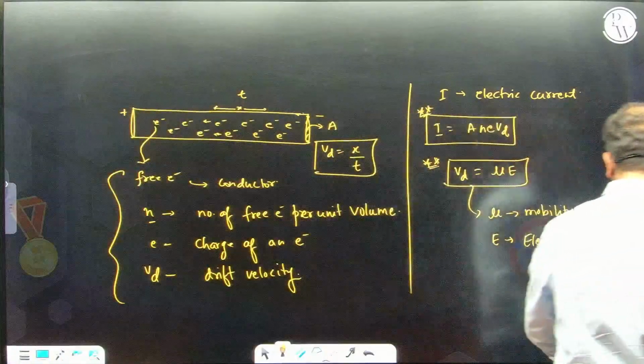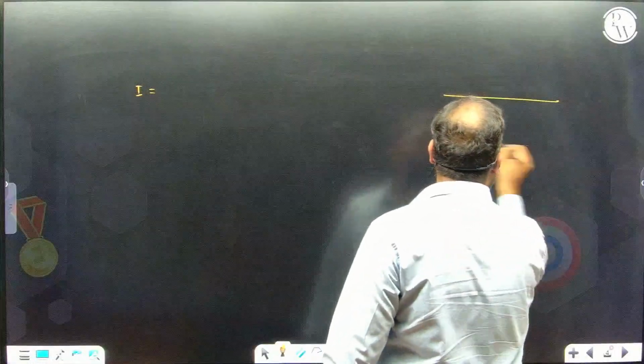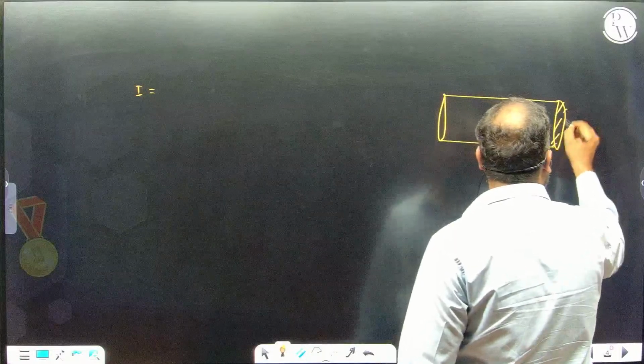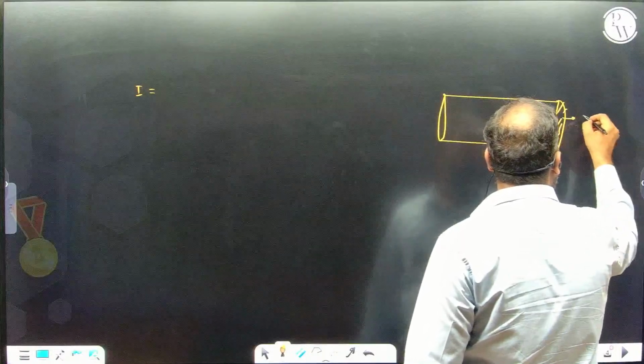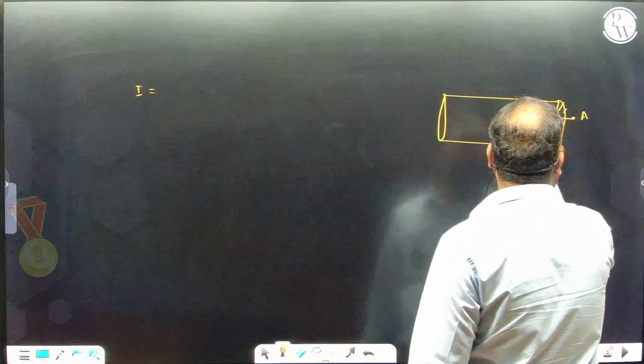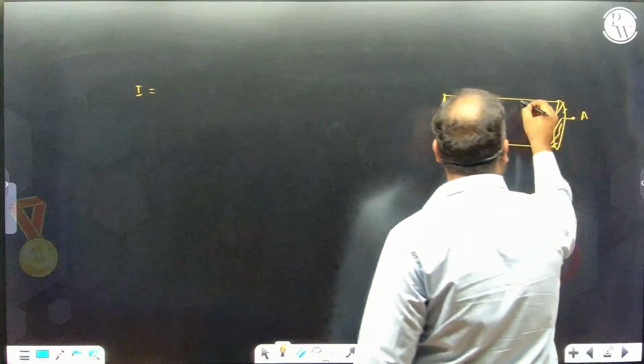Moving ahead, now I am going to define what is electric current. How do we define electric current? Suppose I am talking about this conductor, and let's say this is some area A, and there are some charged particles which are crossing through this area.